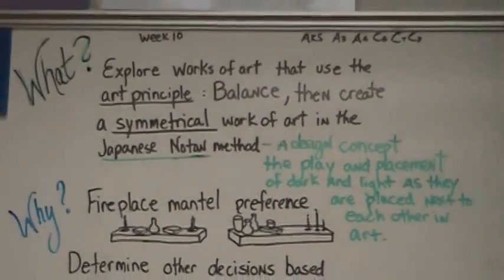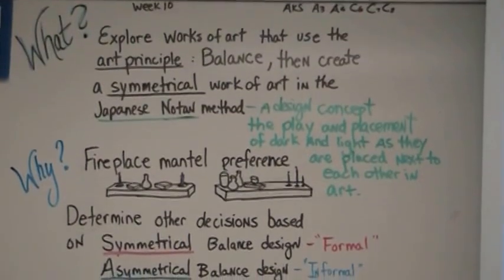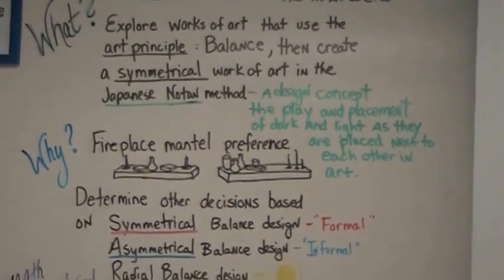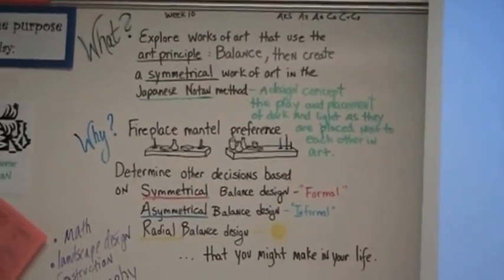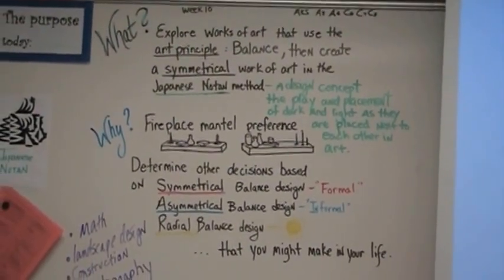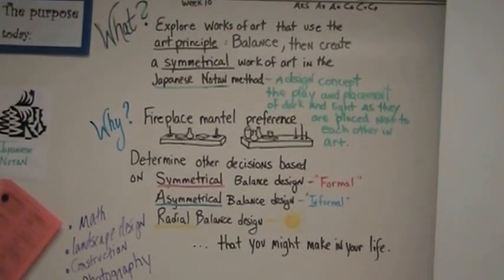I told them it's a pretty easy week because we're focusing on just 3 definitions. We're going to explore works of art which show different types of balance, such as artworks with symmetry, artworks with asymmetry, and artwork that has radial balance.